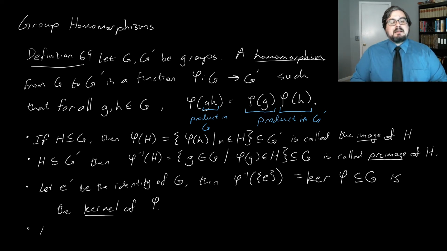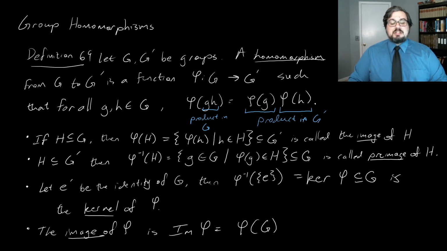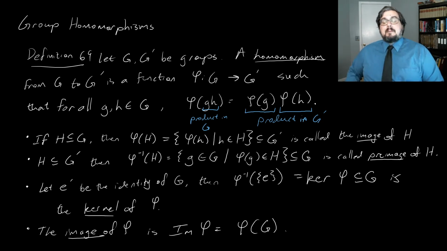And then finally, we can talk about the image of phi, which is simply im phi, which is just phi of G. It's really the same type of notation that we're using up in the first point, where we looked at the image of a subset.